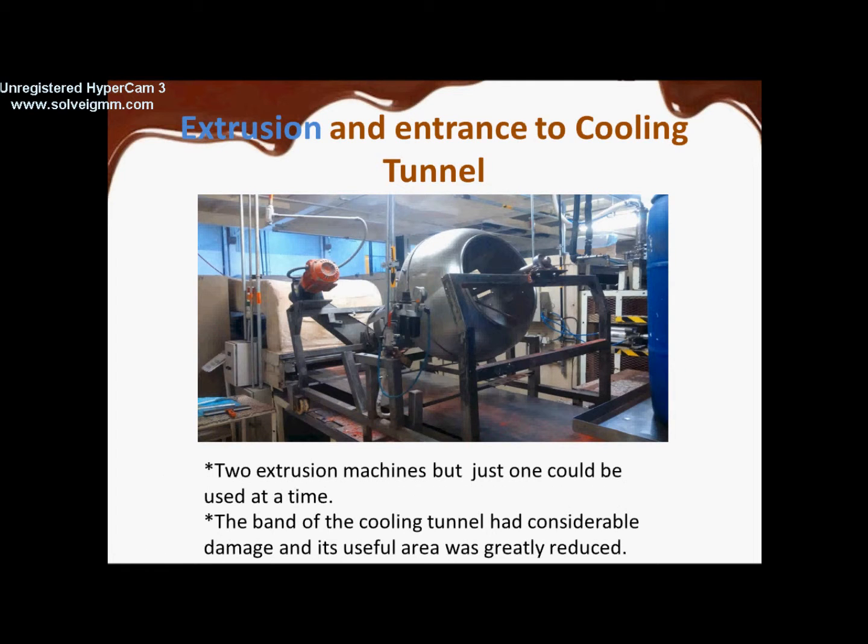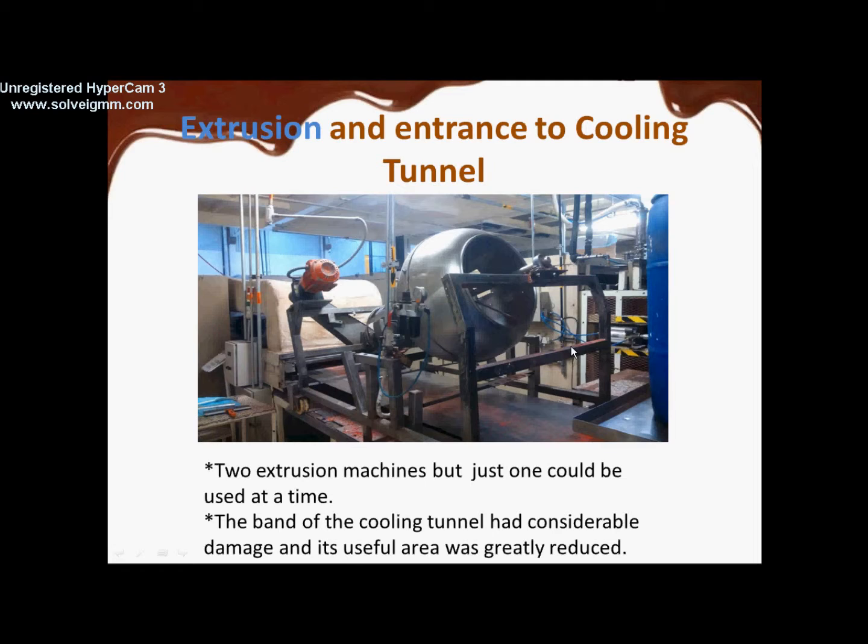Then, in the extrusion entrance to the cooling, the production line has a capacity of 400 kilograms per hour and a very low efficiency, less than 40%, because the cooling tunnel doesn't have sufficient capacity for the two extruders that were installed at the line. As you can see, here we just have one because there was another one here, but it's already dismantled.